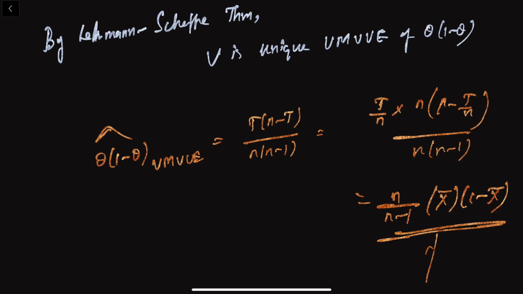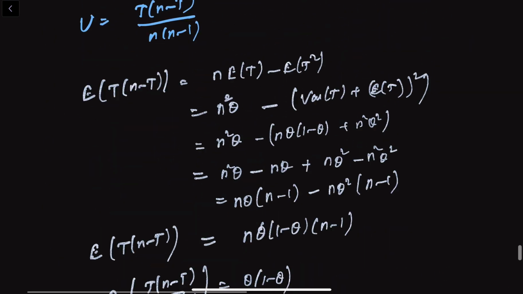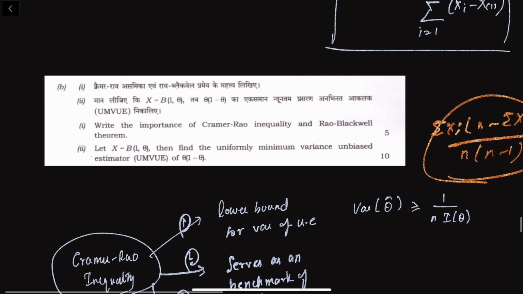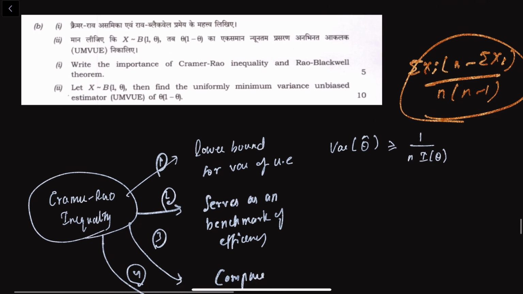So alternatively we can also write the same UMVUE in this form. Therefore the UMVUE of theta into 1 minus theta is summation Xi into n minus summation Xi by n into n minus 1. So that's it for this video. We'll meet in the next video.